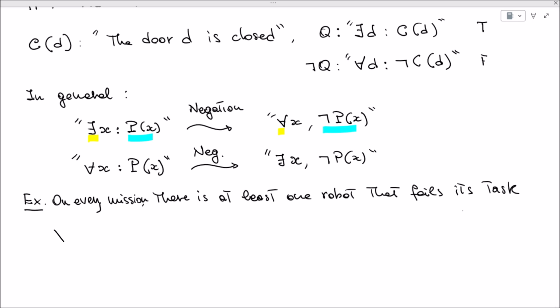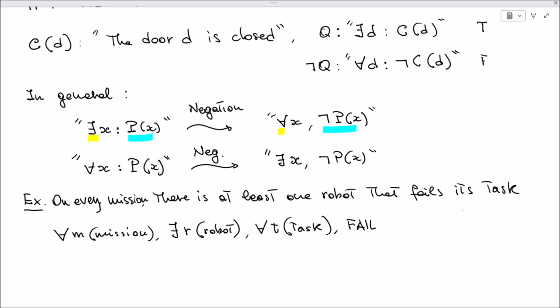We can say that for every M, where M stands for mission, there exists at least one robot R such that for every task T, the following predicate is true: Fail(M, R, T).